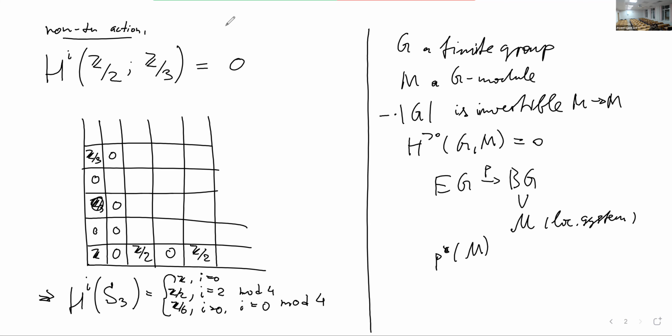We have the pullback, which is a trivial local system on EG because there aren't any other local systems on EG. EG is contractible.